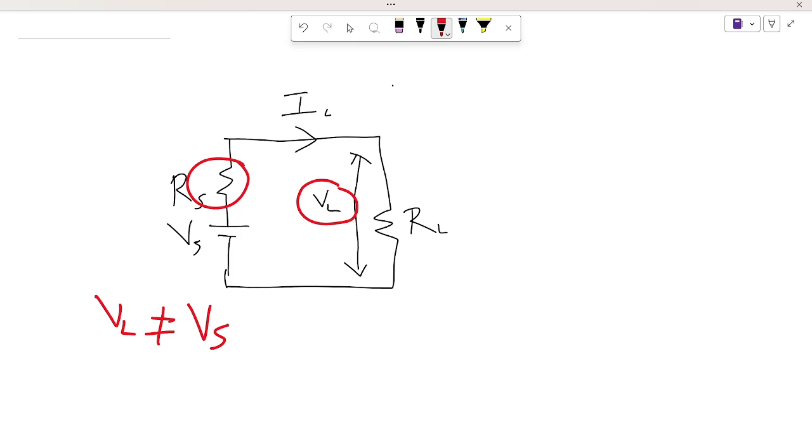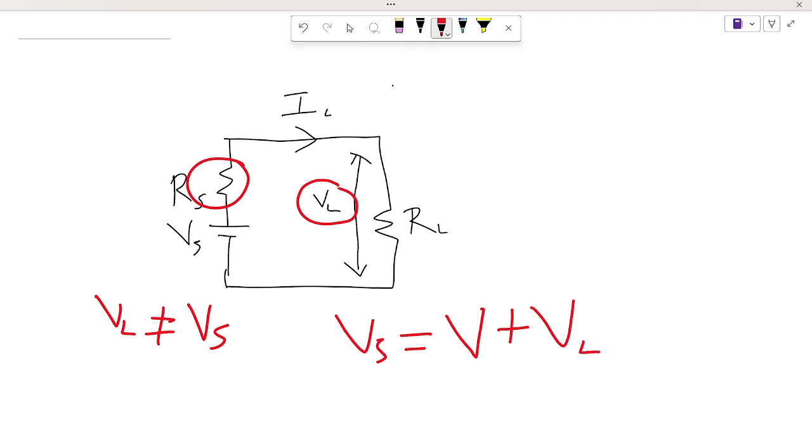So for this case, our Vs is going to be the total voltage that we can have. So Vs is going to be equal to the voltage that's going to be lost due to the resistance presence. That's the resistance Rs. So let's represent it by, let's say, V, then plus the voltage across the resistance RL.